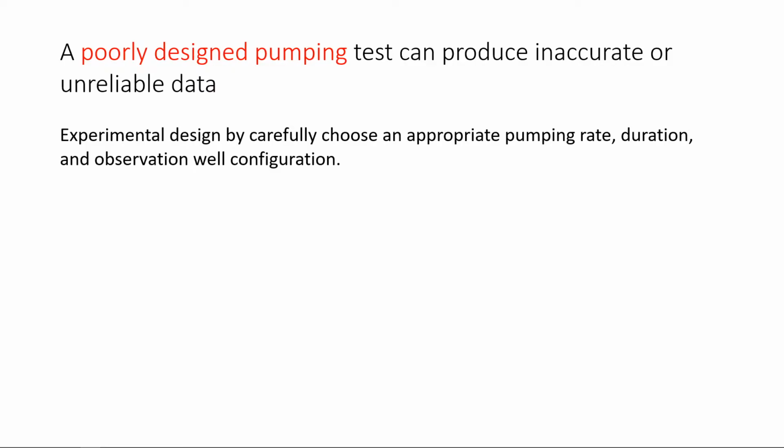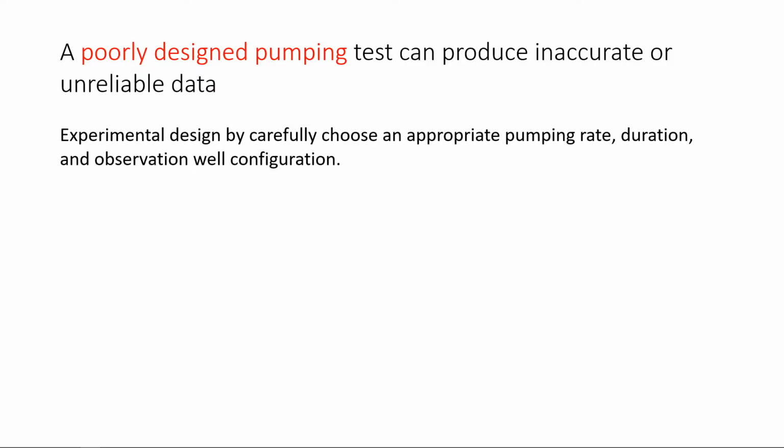Also, an inappropriate observation well configuration. The placement of the observation well relative to the pumping well is critical. We talked about, when you have a partially penetrating well, for example, what distance you need to keep between your observation well and your pumping well. So that's something you need to consider.